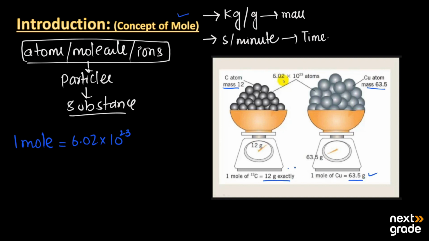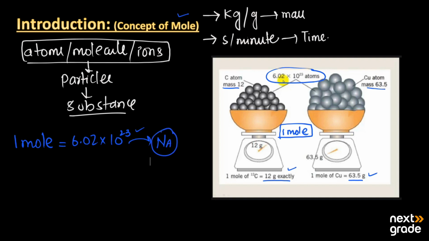But they have their amount as 1 mole. As we have 1 mole of carbon and 1 mole of copper, both have different masses, but they have the same number of atoms present in them. It is 6.02 into 10 raised to power 23, that is equal to the Avogadro's number, and it is denoted by Na.